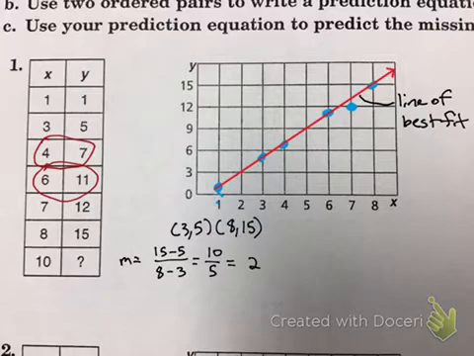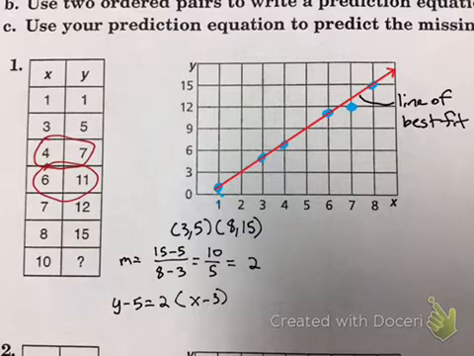And just like we've been doing earlier, now that we've got a slope and our points, we can use our point slope formula. Alright, y minus y1 equals m, x minus x1.